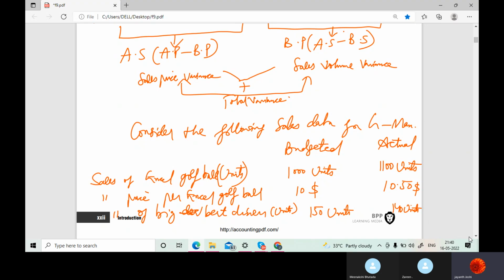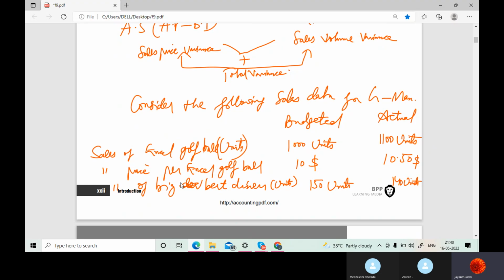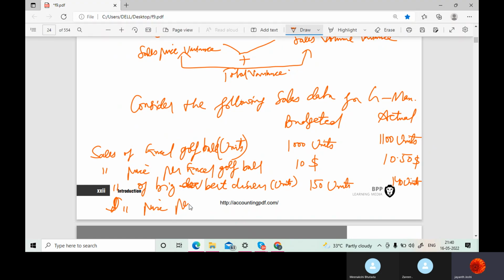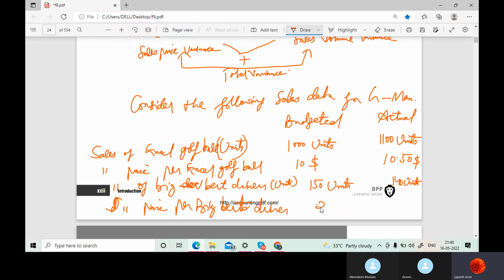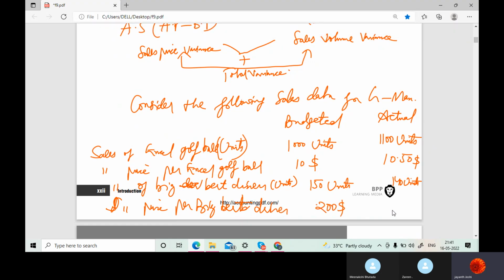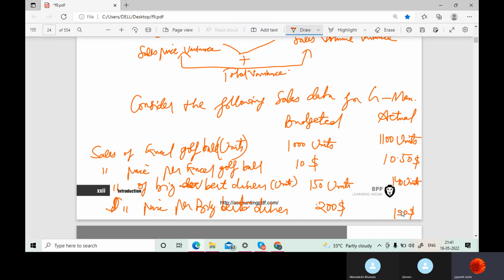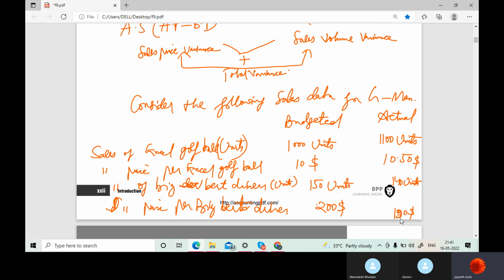You have to do the variance for both separately. Sales price per Big Bird driver: $200 and $190. So please solve this. I'm just waiting. Any doubts you can ask.